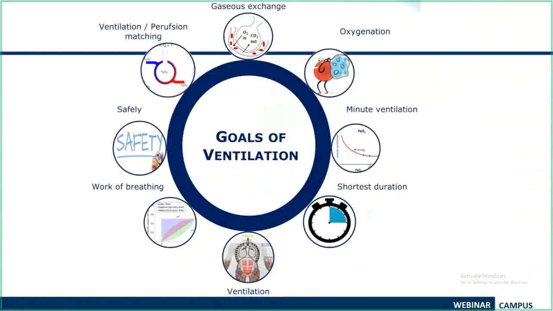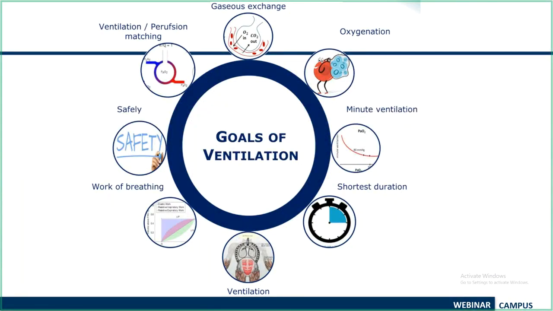A few things I am going to say may be a repetition, but to understand the basic concepts of ventilation, these things should be very thorough. Coming to the goals of ventilation, Dr. Saneesh has already discussed that. Mainly to provide good oxygenation, we have to provide the minute ventilation, and we try to give it for the shortest duration.